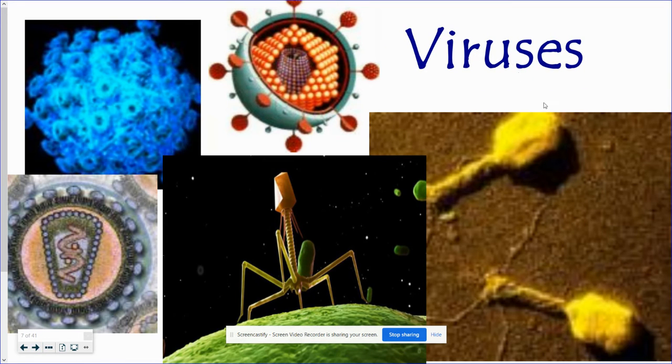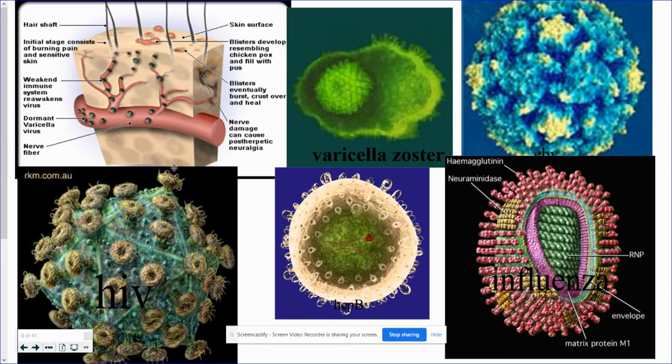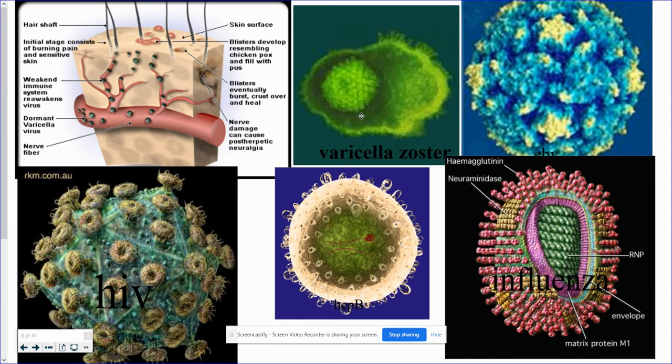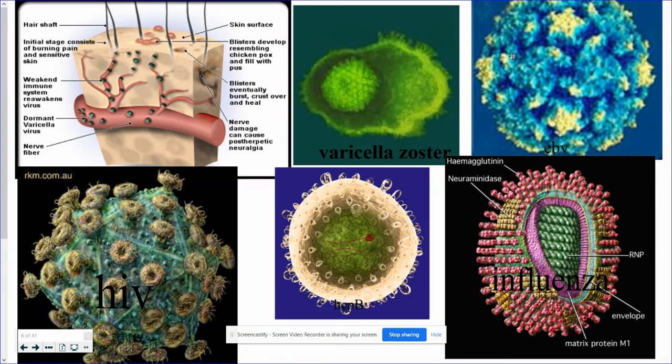First one is viruses. Viruses make us sick. All right, there's all sorts of different types of viruses. There's even this type of virus here, like this one actually attacks bacteria, believe it or not. It's called a bacteriophage. There's the chickenpox virus called varicella zoster, which affects our skin if you ever had chickenpox. EBV, the Epstein-Barr virus, makes us very tired.